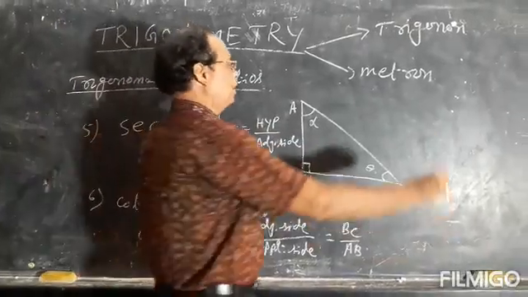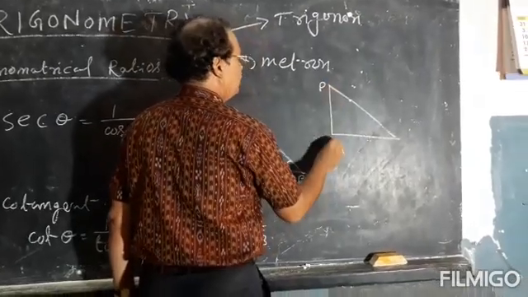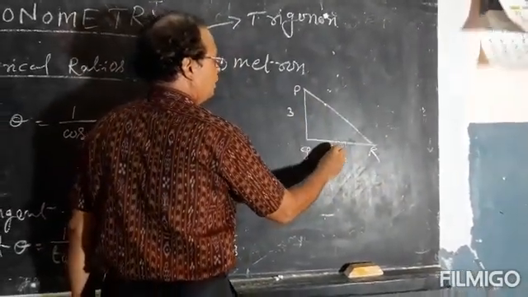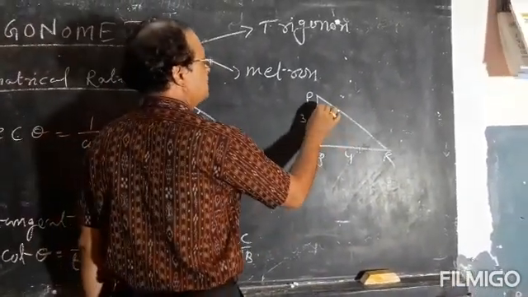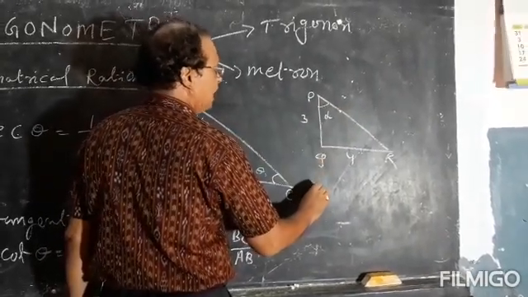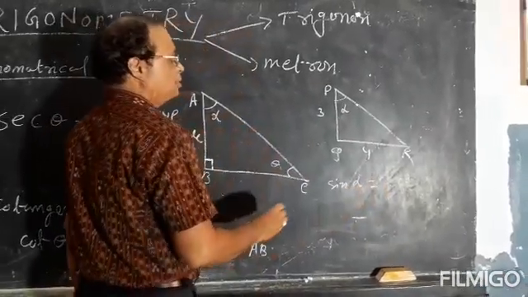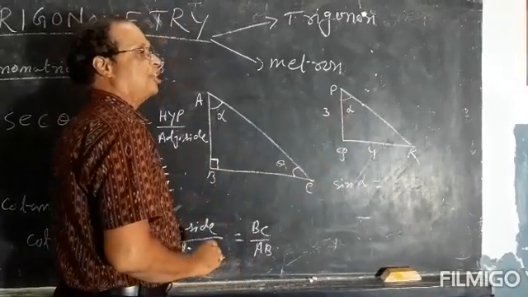Clear? Now for example, say this is triangle PQR. PQ is given as 3 and QR is 4 units. Say this angle is alpha, and you are asked to find sin alpha. First you have to find PR, since the hypotenuse is not given.